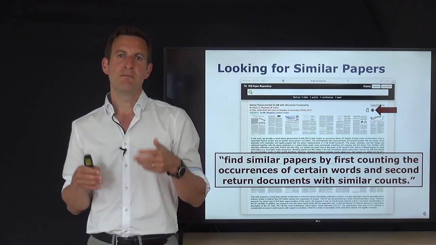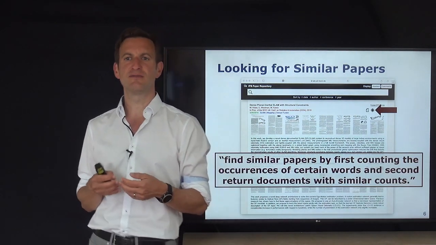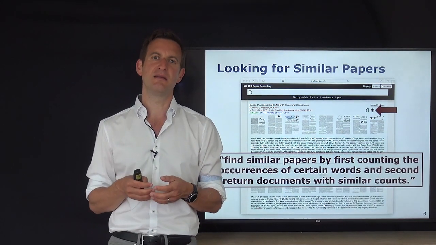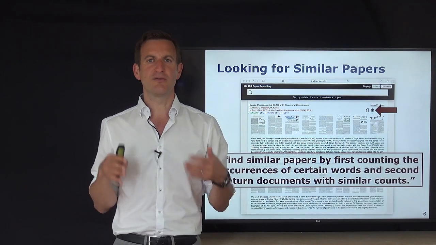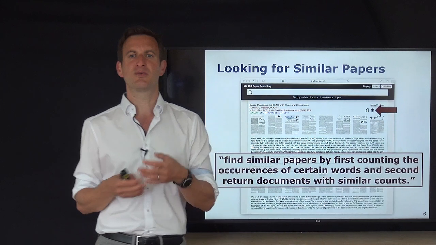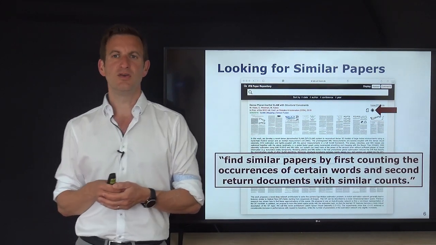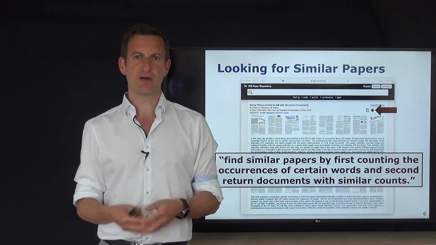And it does so by looking into certain words and simply checks how often those individual words actually occur in all the documents. And then it builds a distribution of word occurrences over all those papers and will return those papers which are most similar to the one you used as your query. And that's basically the idea of the bag of words approach.